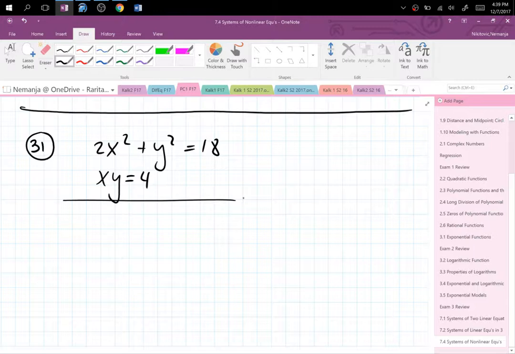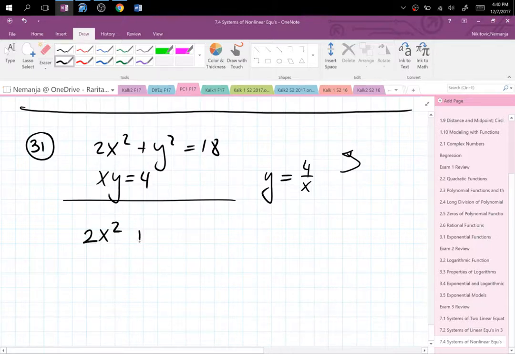Well, we solve for either x or y, whatever. Let's say y equals 4 over x, and we plug in. So 2x squared plus 4 over x, squared, equals 18.